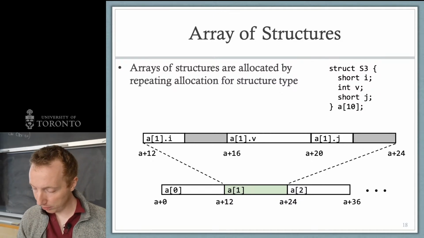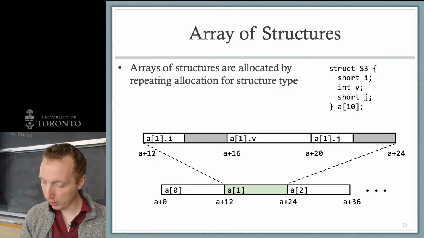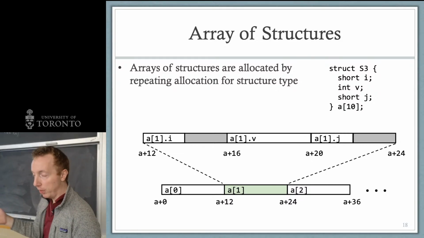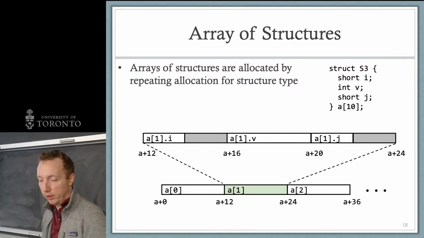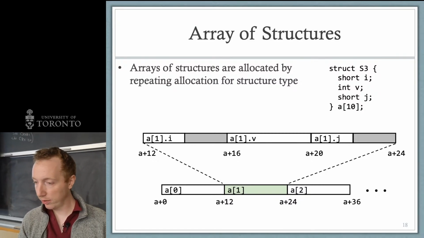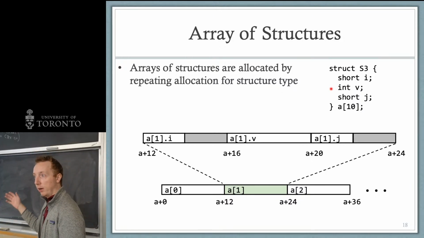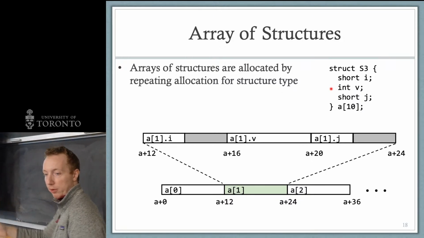So if I have the structure S3 that has a short, int, and another short, well, my largest thing is an int, so the entire structure will be aligned to a 4-byte boundary.